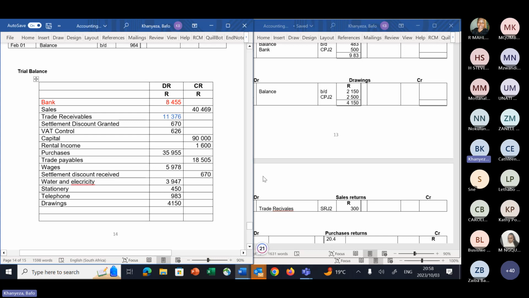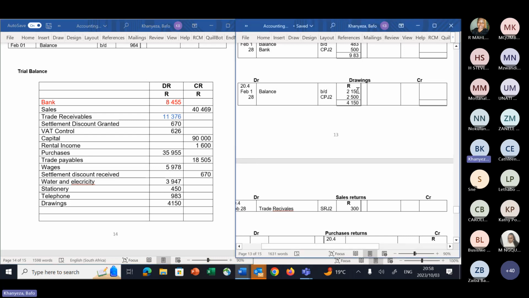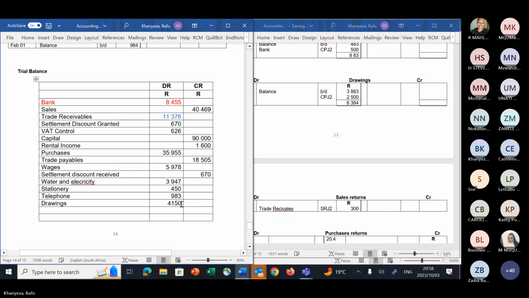I got this opening balance wrong. It's 3,384, and that gives me 6,384 drawings.